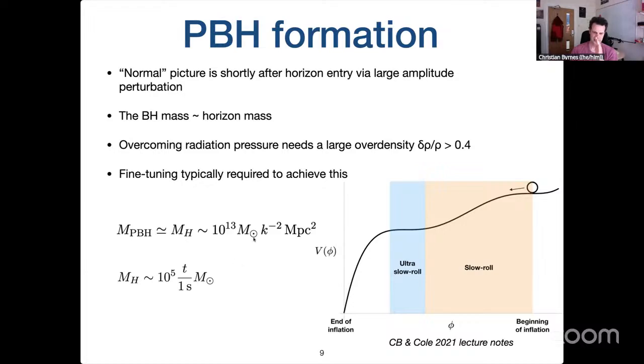So given a particular scale, if you say this is where my power spectrum had a large amplitude peak, much larger than the 2 times 10 to the minus 9, you can say, okay, on that scale the horizon mass is such and such, so that will be the black hole mass. This is the time when they form, this is the corresponding temperature of the background universe, etc. So there's a lot you can learn.